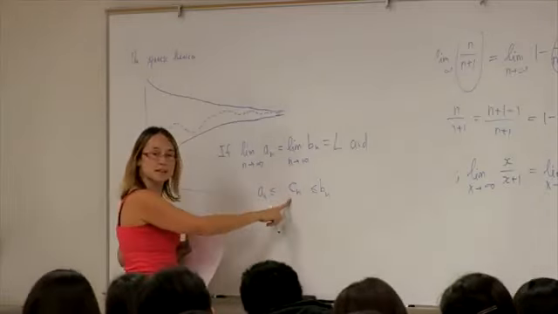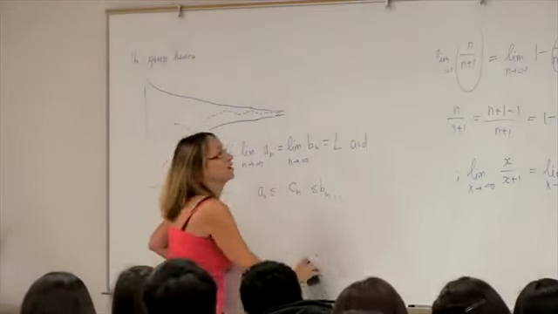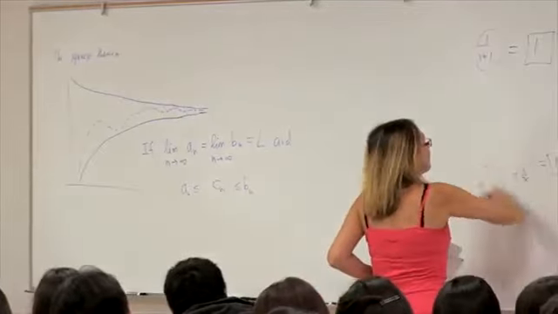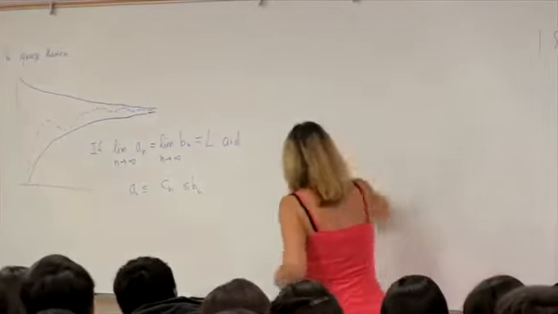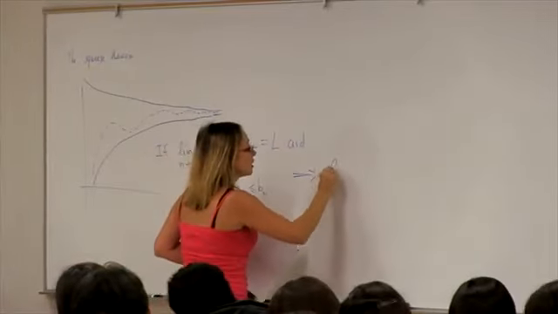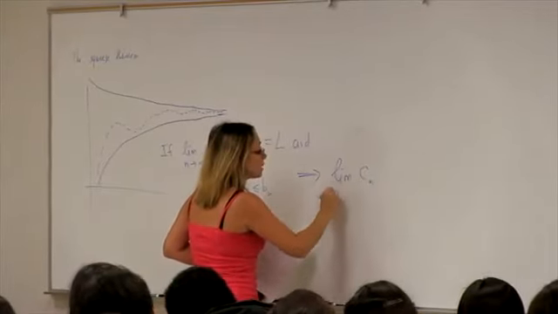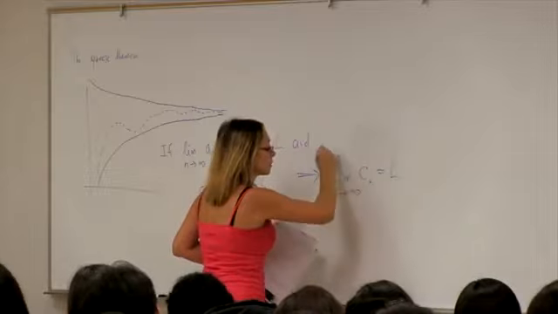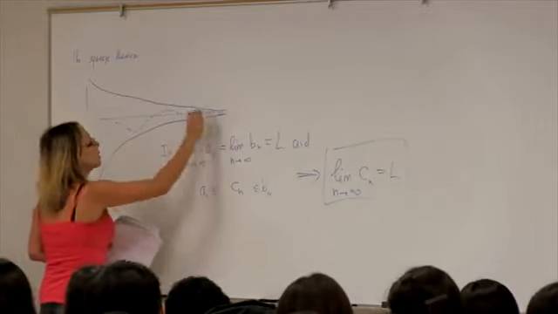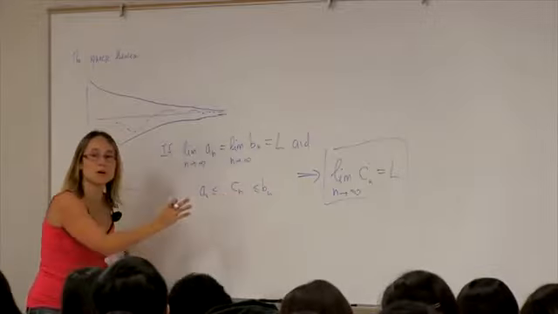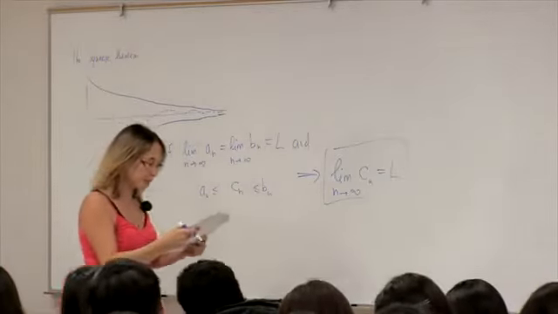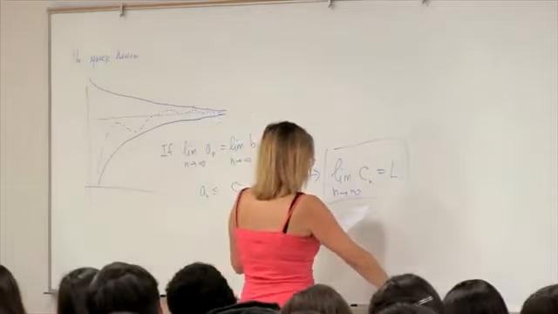This is the criminal. C is for criminal. I'm just making it up. So one is always bigger and the other one is always smaller. Then the criminal has no place to go except L. So if we have two sequences whose limit we know, and they're on the two sides of the unknown sequence, we can conclude about the limiting behavior of that sequence.